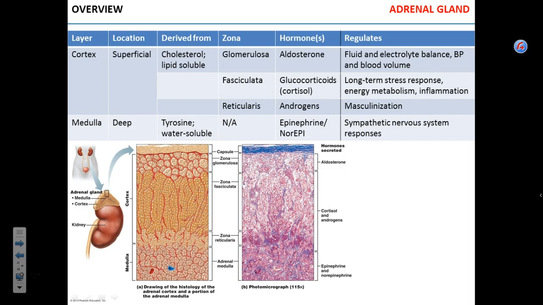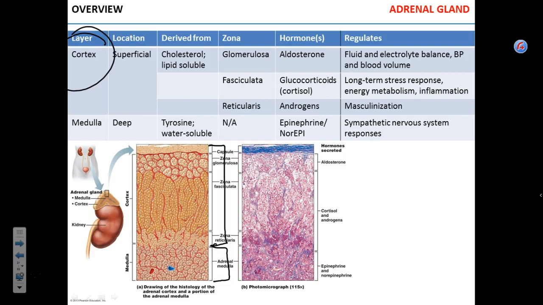Now, the adrenal gland is one of the examples of an organ which has two layers: the superficial layer, called the cortex, and the deep layer, called the medulla.